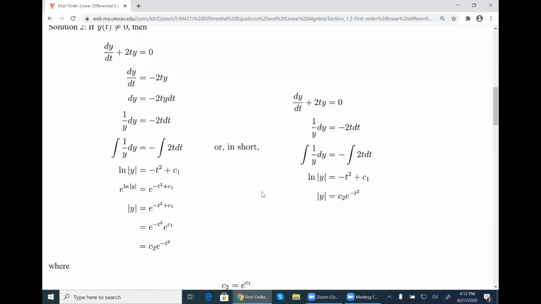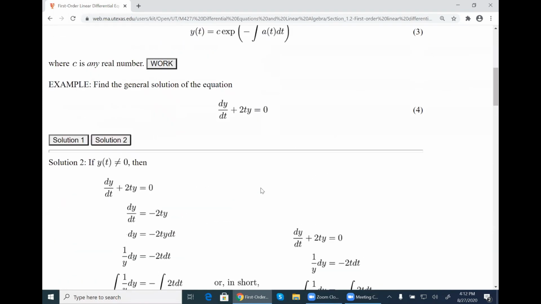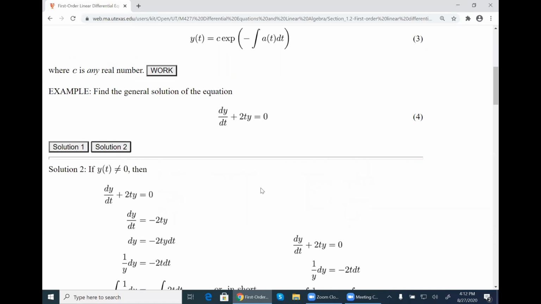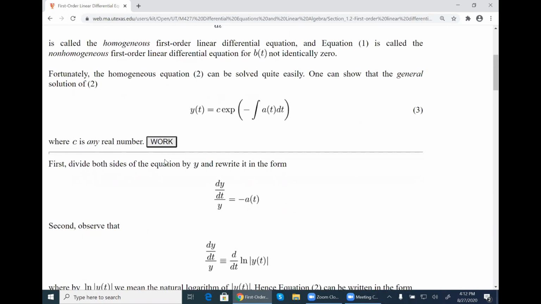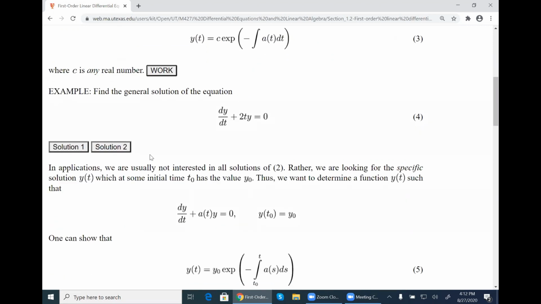Solution number 2 is much longer, however it gives us some insight into why we have such a formula. Once again, explanations are written over here, but instead of going over them, I would rather show you how this works in our particular case.